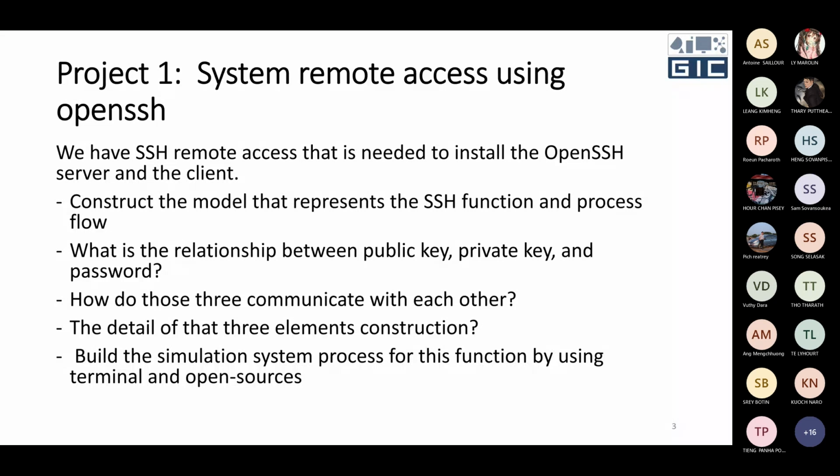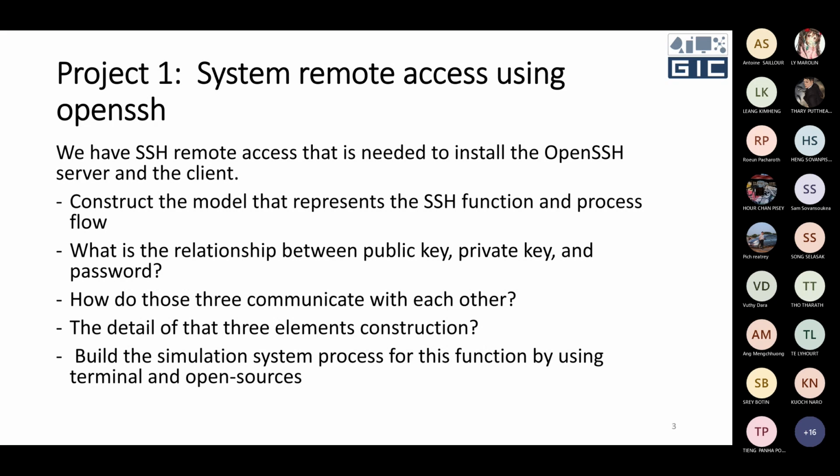Okay, secure shell. So remote access using OpenSSH means you use secure shell to remote access. Whether you are a Windows user, Linux user, or Mac OS user, OpenSSH is suitable for all of them.